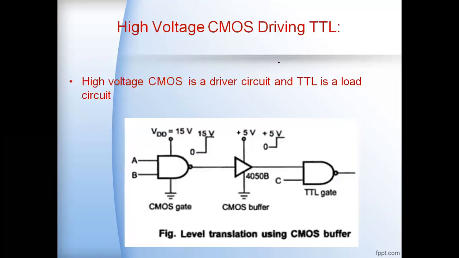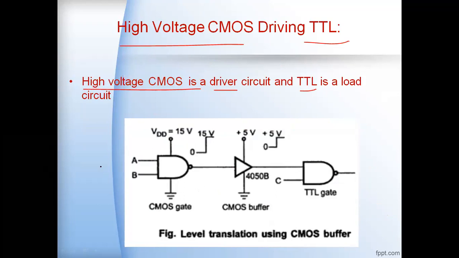Now the last case, with this we will conclude the session. High voltage CMOS driving the TTL here. So here the high voltage CMOS is a driver circuit and the TTL is a load circuit, because this CMOS gate is driving this TTL gate.